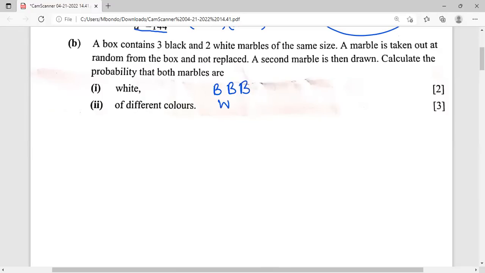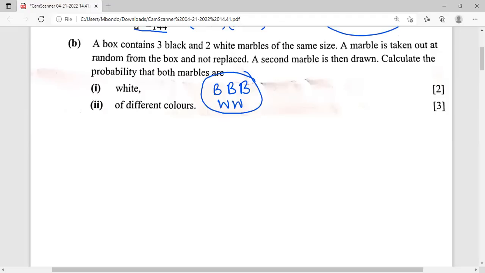This is the case that we have, isn't it? So these 3 are black marbles, then these 2 are white marbles. So look at this box that we have here.